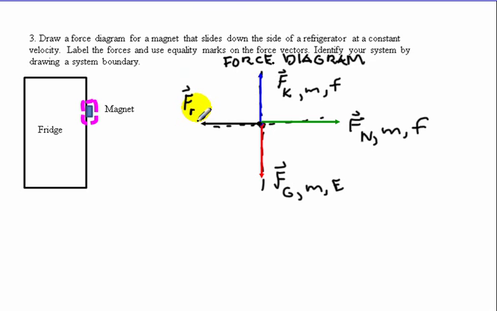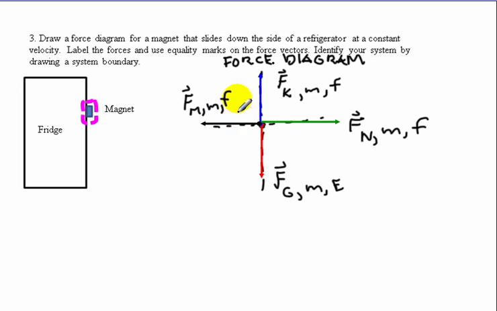It's type magnetic. Now, what is the feeler of this force? The feeler of every force is the system that you're interested in, the system that you're drawing a force diagram of. So the feeler in all these forces is the magnet, and that's not going to change here. So what dealt this magnetic force? Well, the magnet can't deal a magnetic force to itself. There's no other magnet here. So the only choice is the fridge.